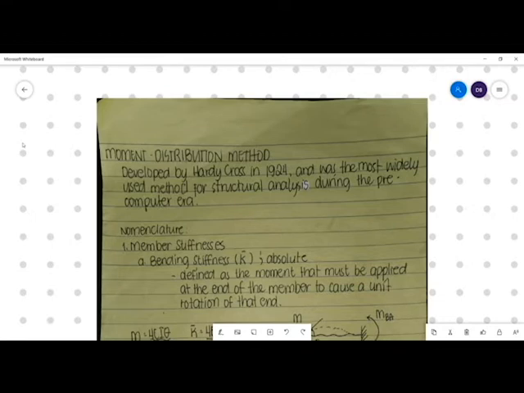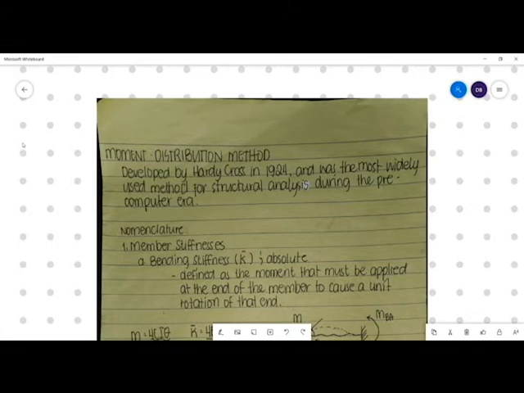We put in the loads first, remove what we call the degrees of freedom, and then add them back one by one. That is the concept of MDM, or moment distribution method, unlike slope deflection, where we solve everything simultaneously.